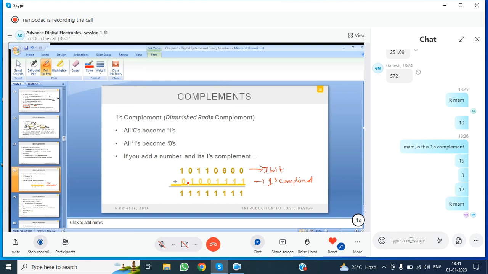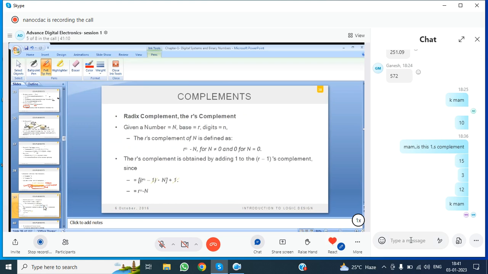This is the ones complement. Then you have to add these two. When you are adding, what happens? You are getting all ones. So this is the ones complement of a 7-bit binary number.